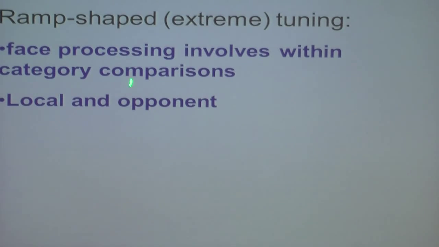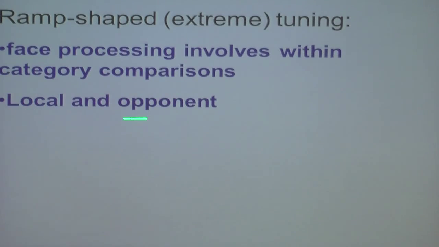This also means face processing must involve within category comparison, because you can't say somebody's eyes are far apart unless you know what you're comparing it to, an average inner eye distance, right? So that means that face processing, like everything I told you about at the beginning of the talk, is local and opponent, like luminance, like color.